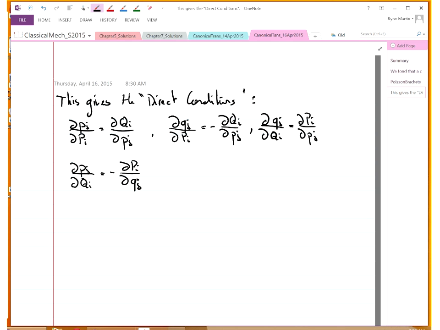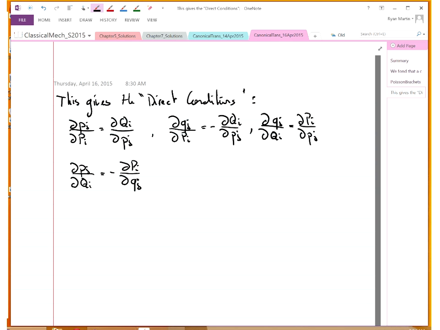Then the final pattern is that if I have the same letters of the alphabet, so p's and P's, or lowercase q's and uppercase Q's, on the left-hand side, then on the right-hand side I have a plus sign.